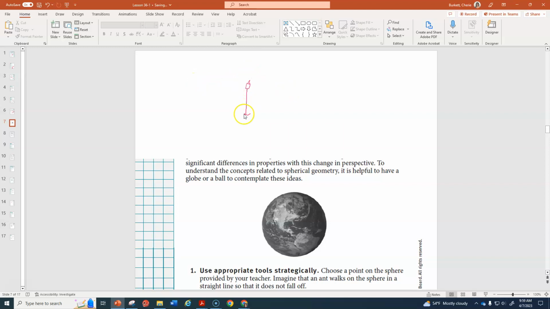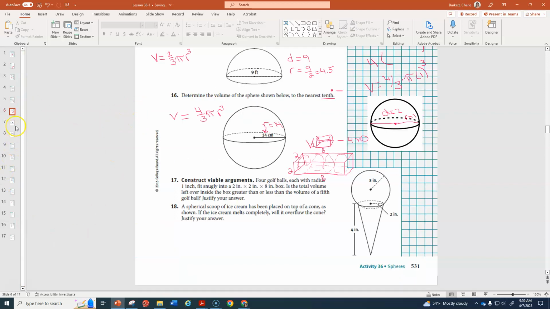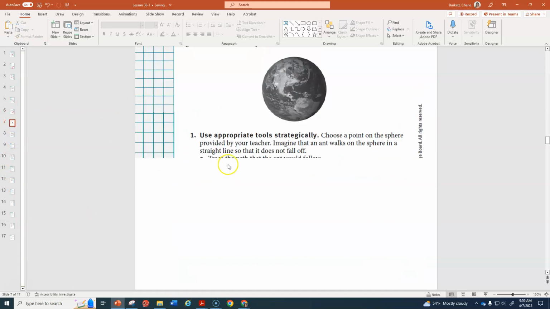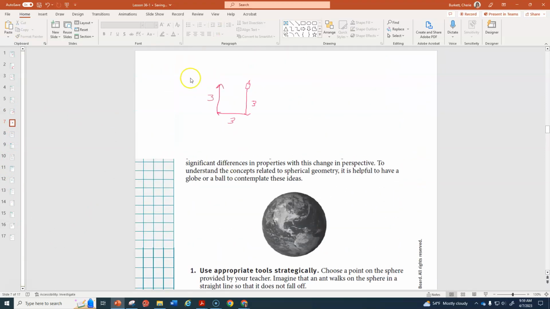I'll walk 3 miles. I'm then going to turn west and walk 3 miles. And then I'm going to turn and go north and walk 3 miles. Okay. And I claim that once I do all of that walking, I am back at my house.